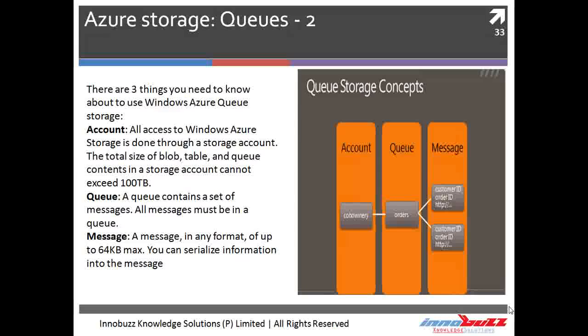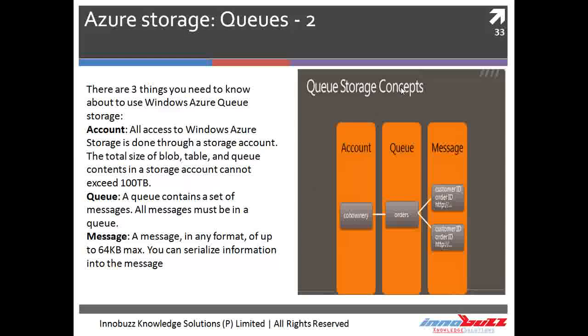Then you see here, there are three things you need to know about Windows Azure queue storage: an account, a queue, and a message. The account gives access to Windows Azure storage, with a total size of 100 terabytes.